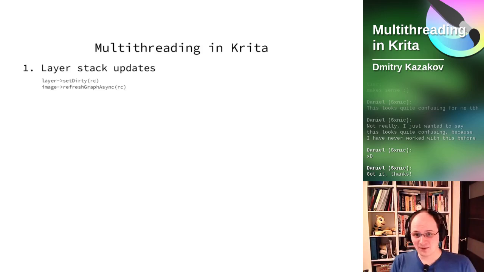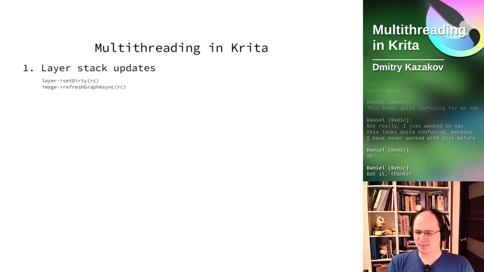Okay, so layer stack updates. In Krita, we have two independent queues of jobs. The first is the updates queue, and the second is the strokes queue. So layer stack updates are jobs that are generated every time you call layer set dirty or refresh graph async.